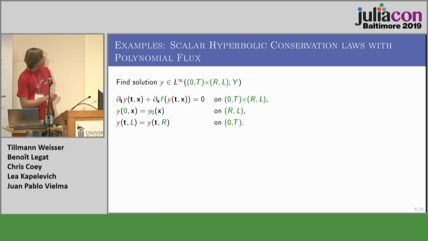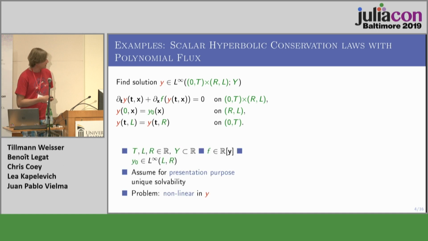We are given some initial condition and maybe some boundary conditions. Here I'm restricting to a very easy setup, so everything is scalar, and f is a polynomial. I assume unique solvability here. I could add more constraints to make the solution unique, but then I don't have enough space on the slide, so I just assume that the solution is unique.